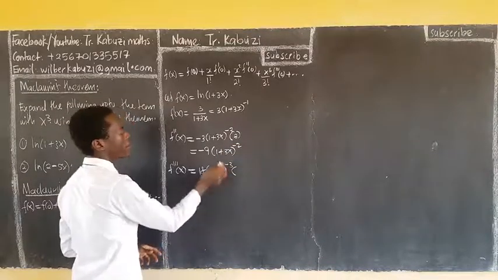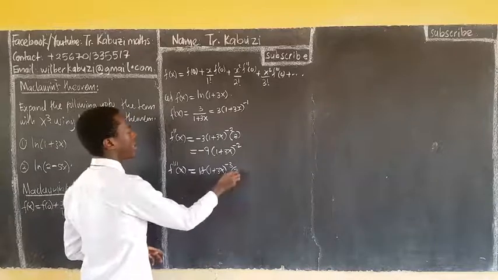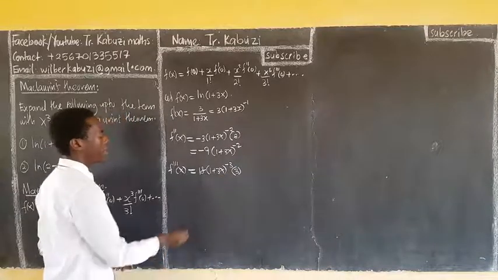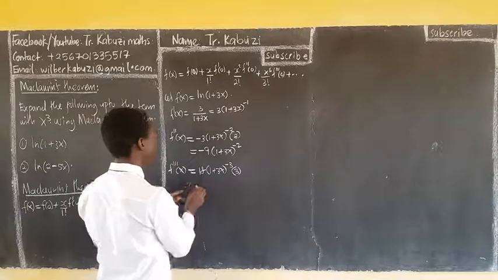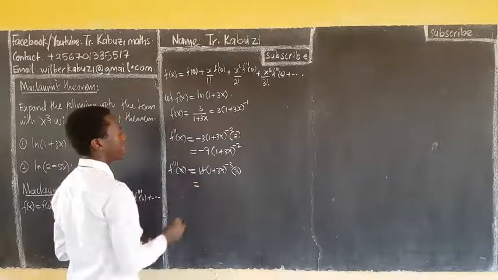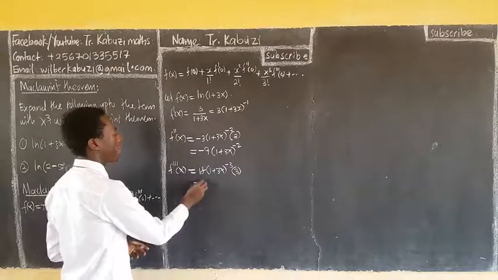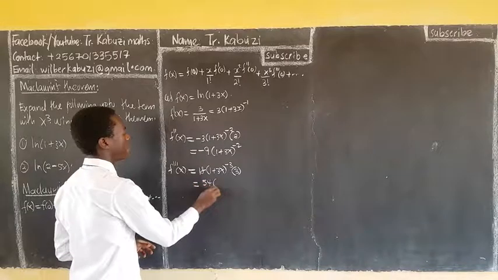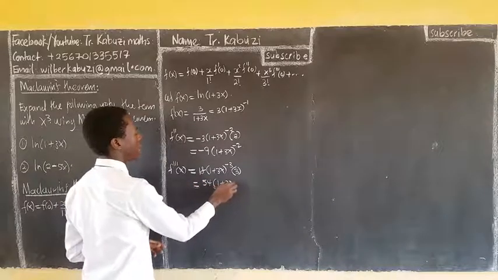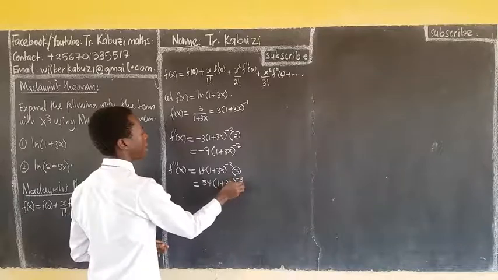Then differentiate the bracket, we get a 3. Simplify this, this times this, I think that will be 54. 54 into 1 plus 3x power negative 3.